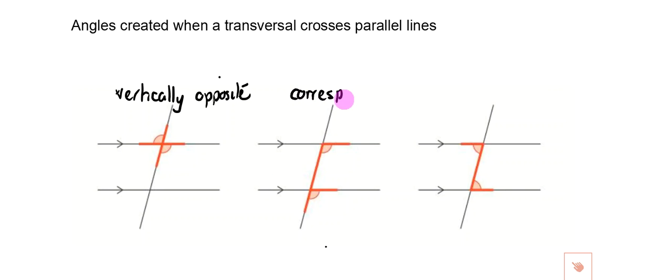So, does anyone know about the word corresponding anyway? Not in maths, just in everyday. Matt? Like things that relate to each other and sometimes they change with each other. Okay. Yeah, so it's definitely a relationship between two things in that way. That's how we use that word corresponding. Charlie? It means kind of like the same.